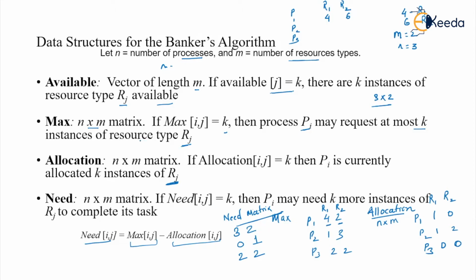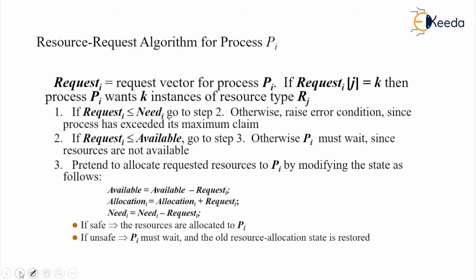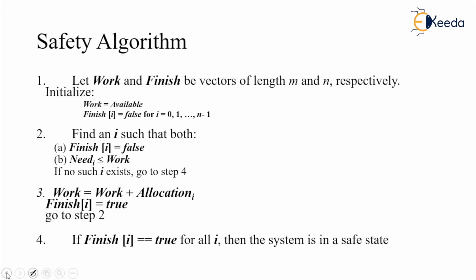So Available is a vector of length m, and Max, Allocation and Need are matrices of n cross m. This is the safety algorithm that we have in this case. In the safety algorithm, we use Work and Finish vectors of length m and n. There is a Work vector, and there is a Finish vector.